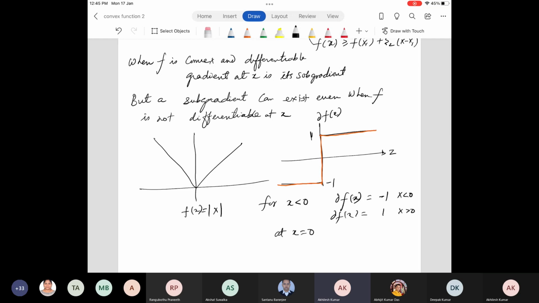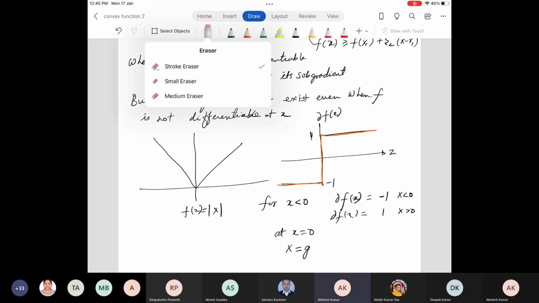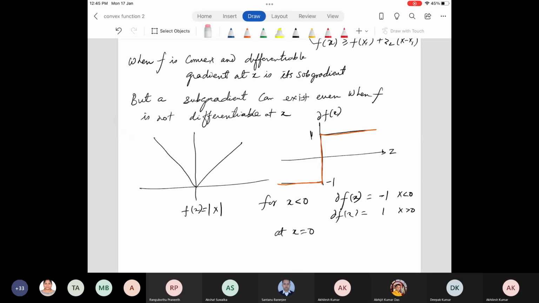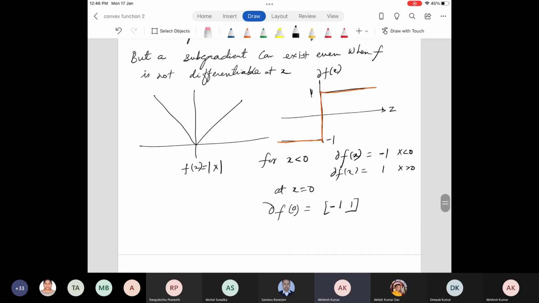So del of f at 0 is -1 and 1. To represent it, I can say del mod of x, f(x) is greater than or equal to some g x, where g is the subgradient, for all x.